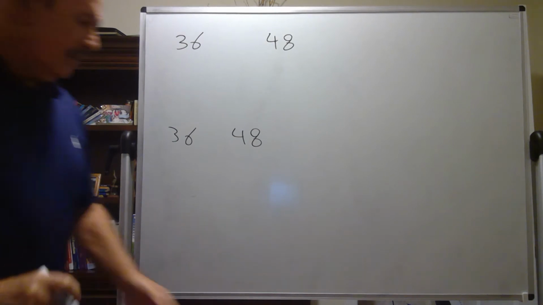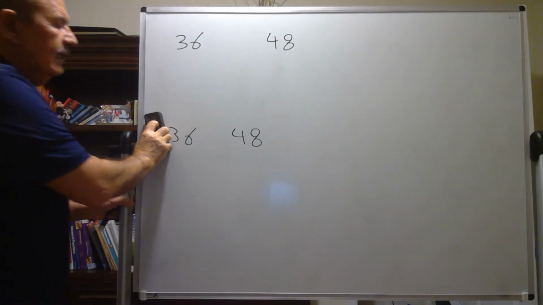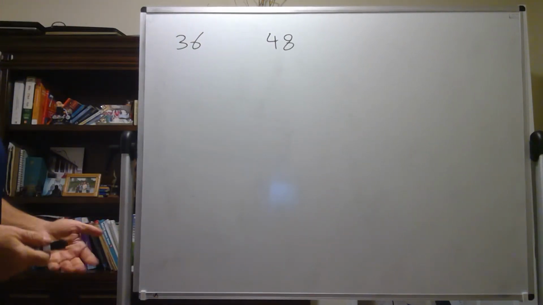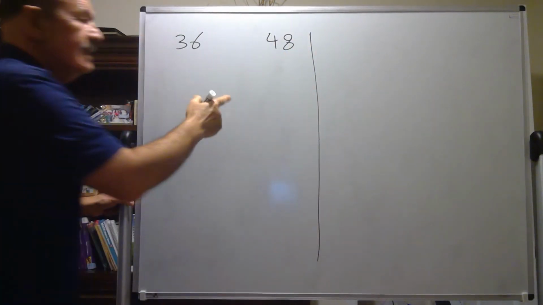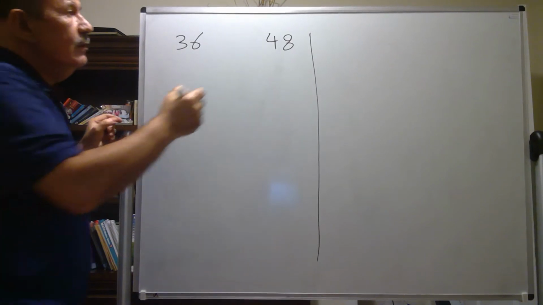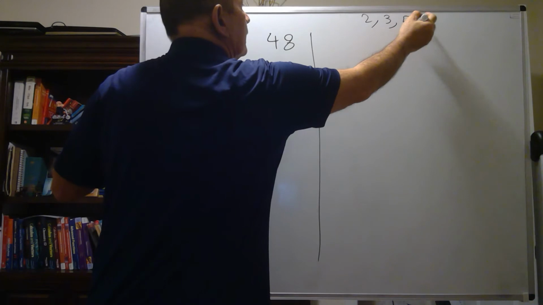One method is to convert them to prime factors, both at the same time. So 36 and 48. Remember, we always start with the lowest prime number, which is 2, then 3, then 5, and then keep going.